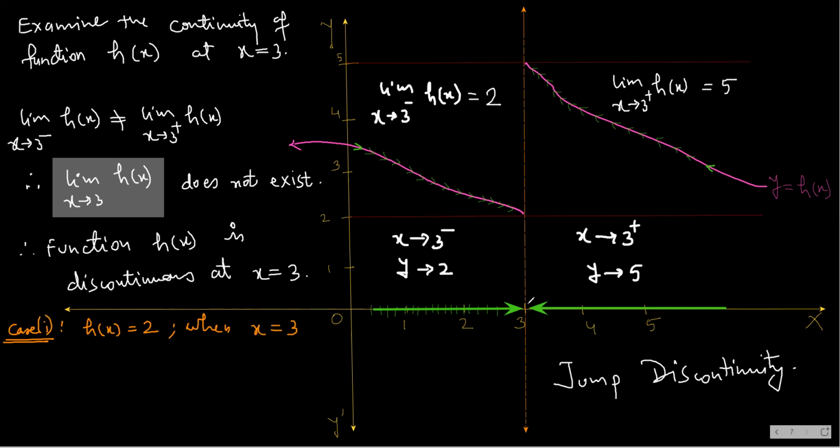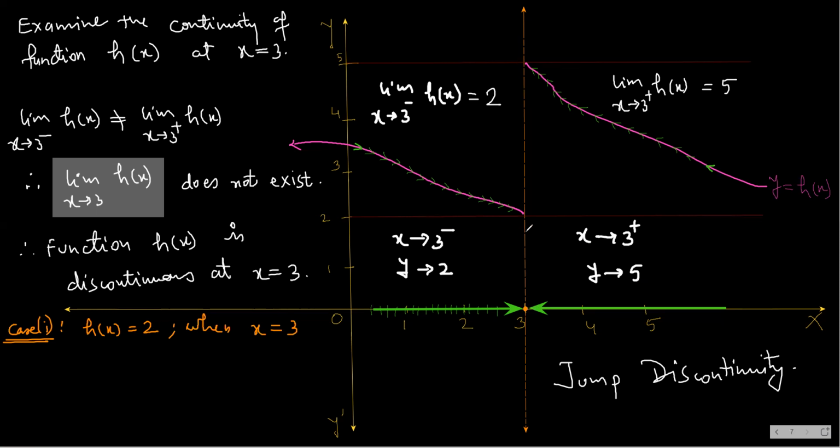What does that mean? When x is equal to 3, you are at this point. Remember, you can only be at this point for x equal to 3. Otherwise you cannot come to this point. You can come to this point only when x is equal to 3. So when x is equal to 3, the function value I wrote, h of x, is 2.